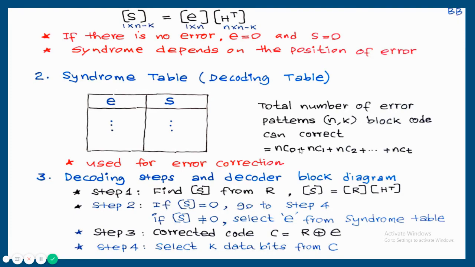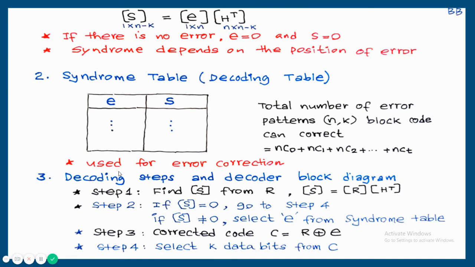So this is the total number of error patterns we are going to write here. And against each error pattern, the corresponding syndrome is going to be calculated using the formula S is equal to E into H transpose. So it will be clear when we are doing examples later how to get this syndrome table. Syndrome table is used for error correction.